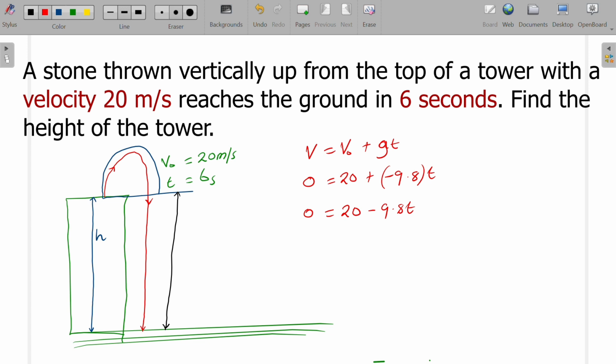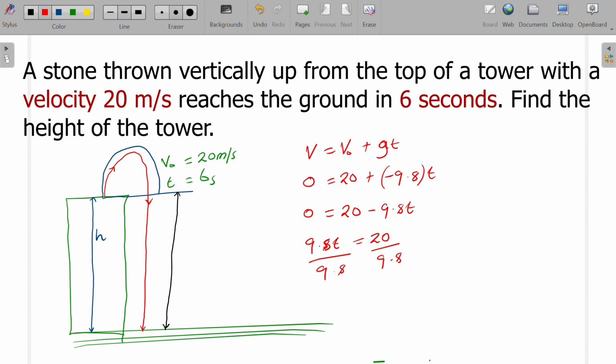Doing that, we have 9.8t is equal to 20. And then we divide by 9.8 to get our t value, doing the same on the other side of the equation.